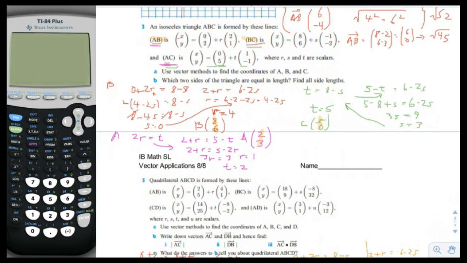And then let's find AC. AC would be 5 minus 2 and 0 minus 3. So it would be 3, negative 3, which would be a magnitude of square root of 18.